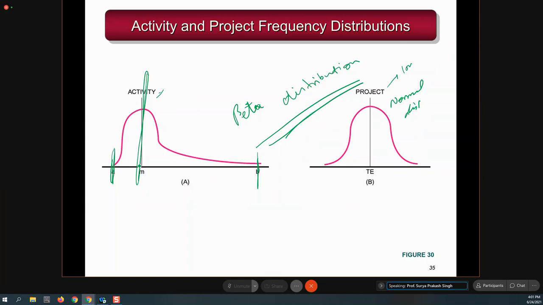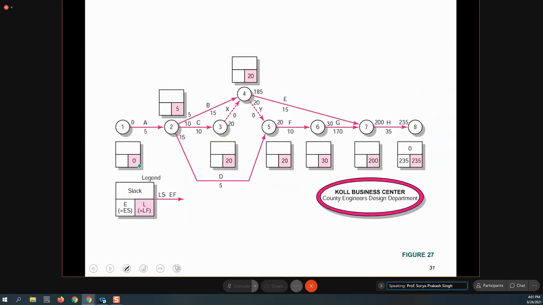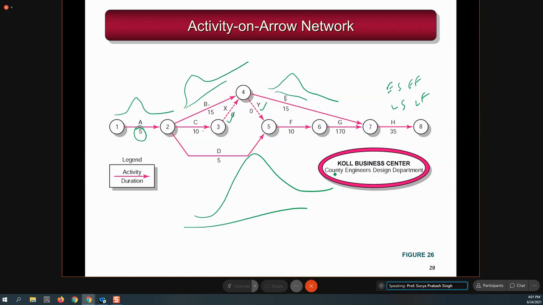If I have to draw, so I will say that, मैं यहाँ पे ड्रॉ करके आपको समझाता हूँ. So let's say this activity. So this activity will have this time, and similarly this activity will have this time, and similarly this activity will have this time. और जब आप प्रोजेक्ट की बात करेंगे तो it will have bell shape.